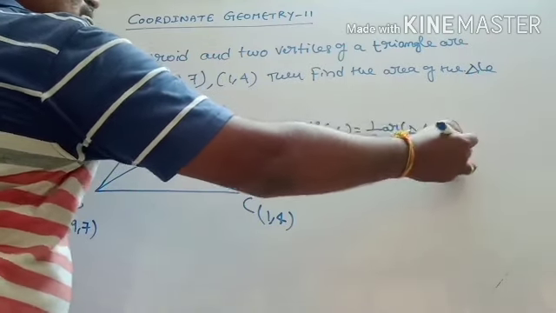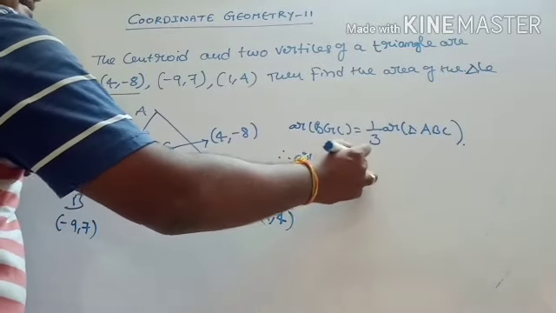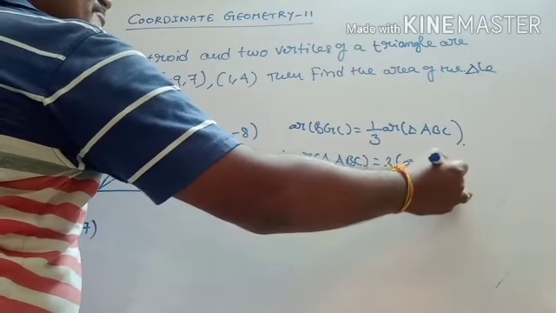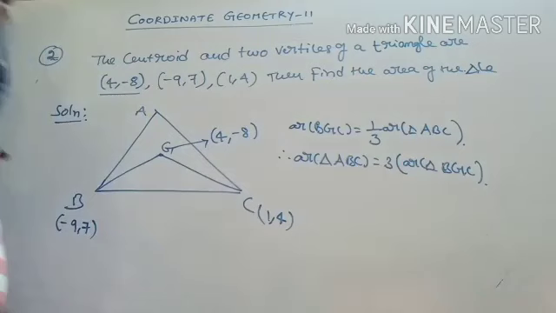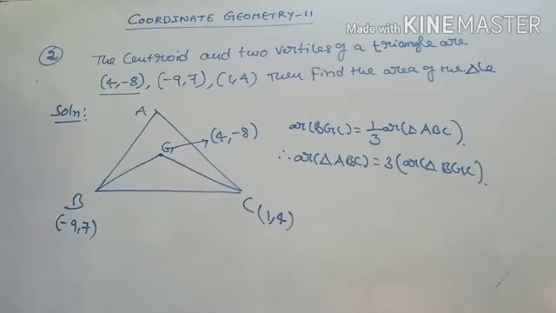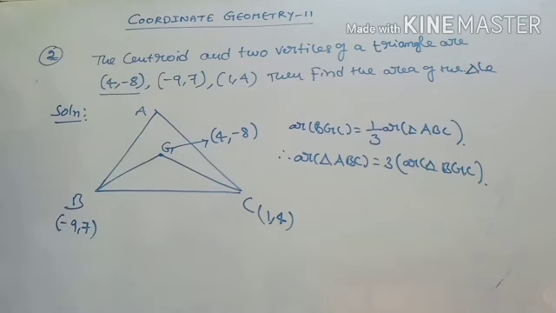Therefore, the area of triangle ABC is 3 times the area of triangle BGC. It is enough to find the area of triangle BGC, and then we will get the area of triangle ABC in a very easy way. It is a basic problem, right? Now, let us find the area of triangle BGC.